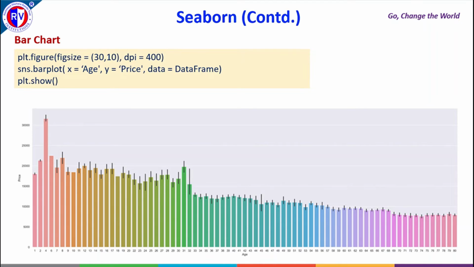Again we can change the width and height of the figure as well as the dpi, which means you can change dpi to 600, which is your printable format. From the figure we can see that as the age of the car is increasing, the price of the car is decreasing.